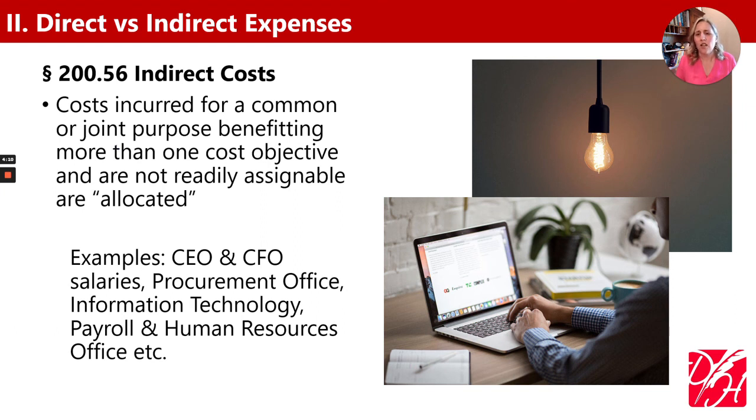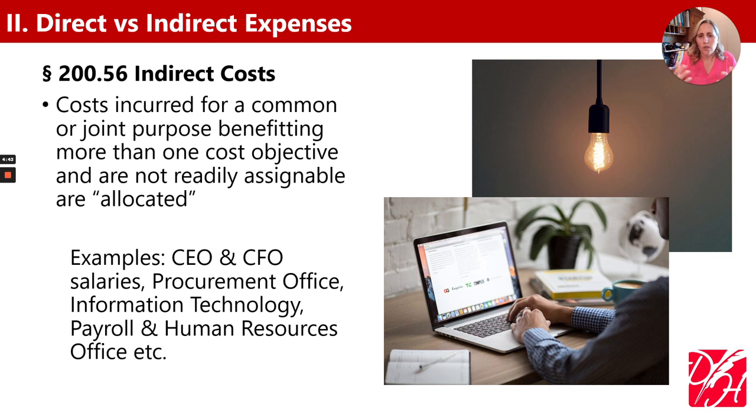Indirect costs are what many will refer to or think of as the way we keep the lights on, that we keep the doors open. These are costs that are incurred over a common or a joint purpose that can't be readily assigned to one project or to one program. What would be some examples? Your human resource colleagues, your IT staff, your CEO or your CFO.